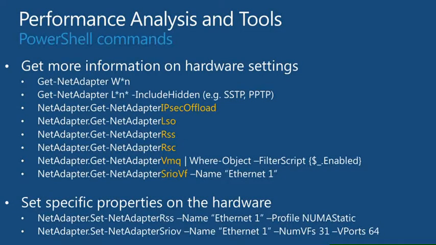PowerShell: all the features that we spoke about over the last hour or so, all of them can be turned on or turned off using PowerShell. We mentioned setting the RSS profile. That can be done. And there is a feature called SR-IOV. Most of you are familiar with it.